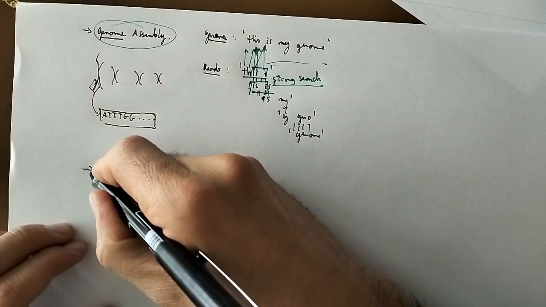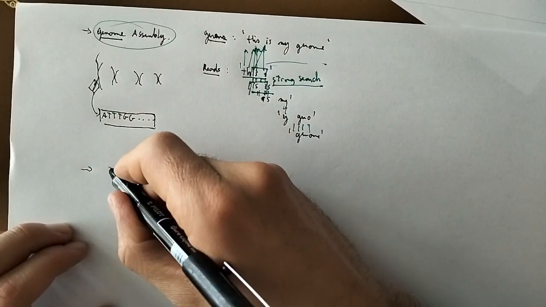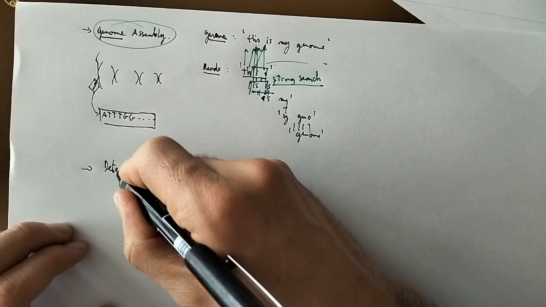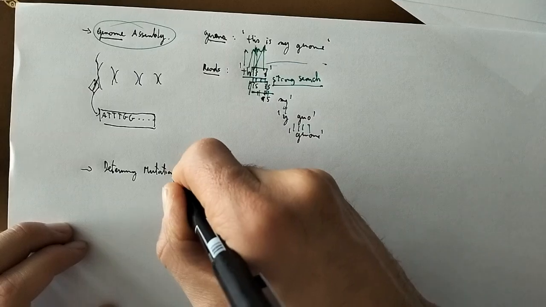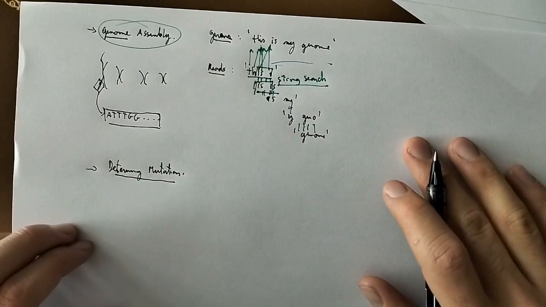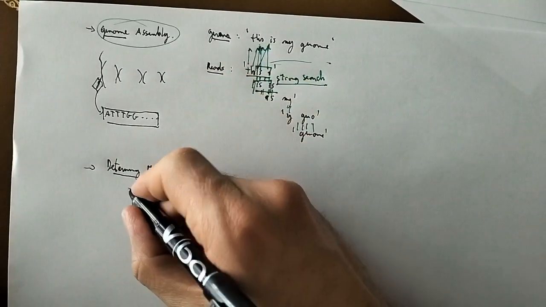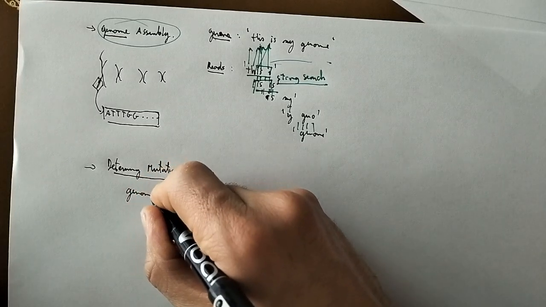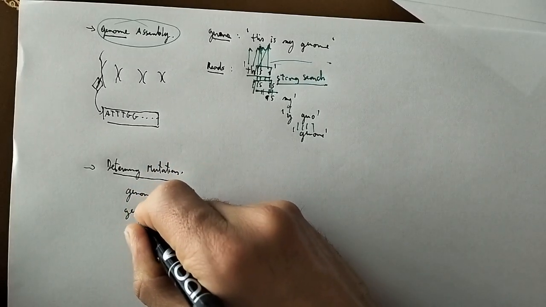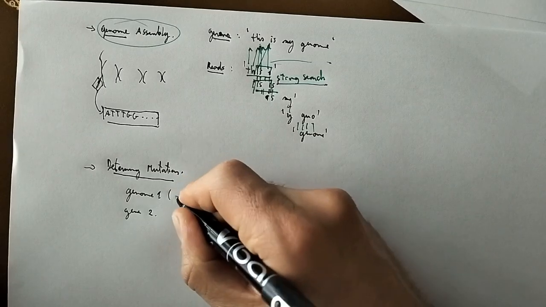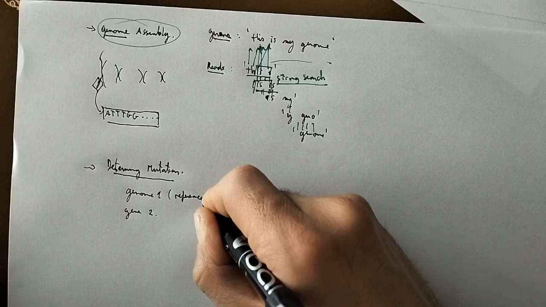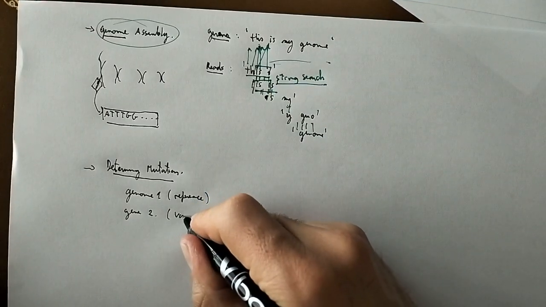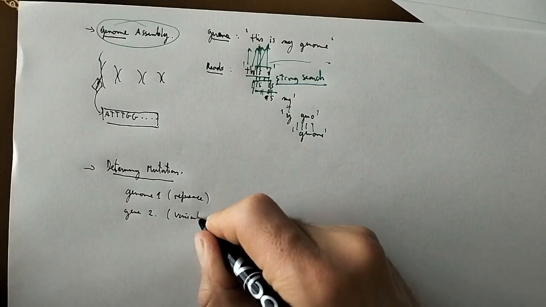We also mentioned the application of determining mutations. In this case, let's imagine that we have genome 1 and genome 2. Let's imagine that genome 1 is the genome of reference, and genome 2 is some kind of variant, for example.